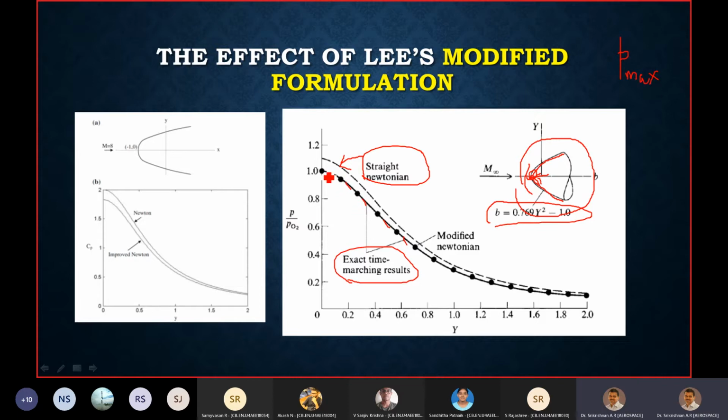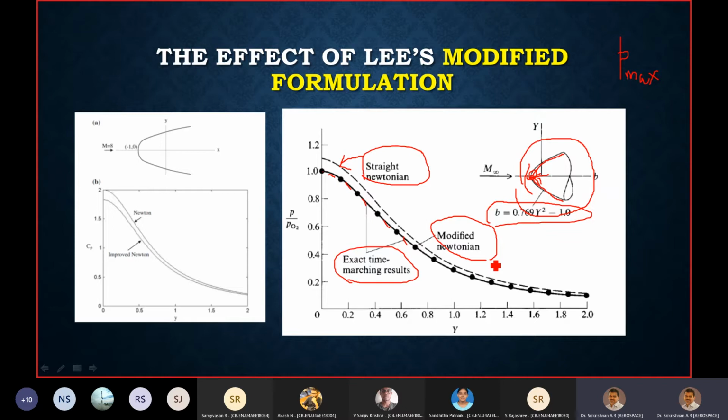And what you see as the dark dots are based on the modified Newtonian solution. So you can see that the dots, which are calculations based on Newton's formula modified, that is Lee's model, actually coincide with the exact solution. Exact means the numerical solution.